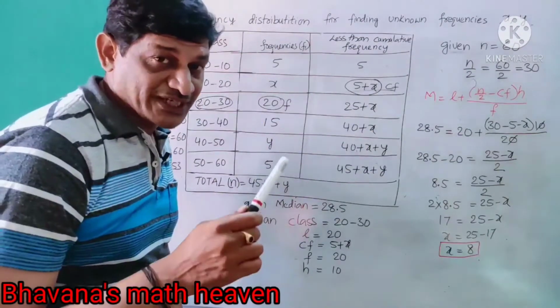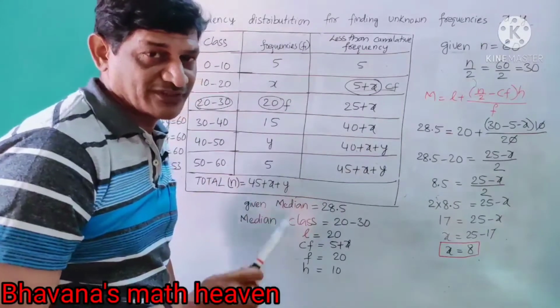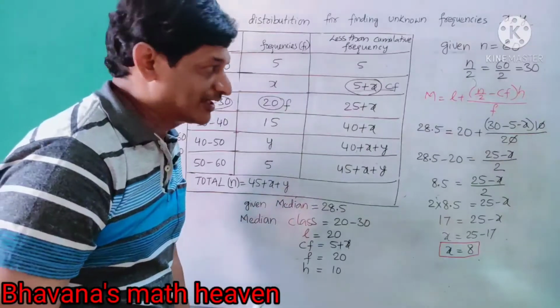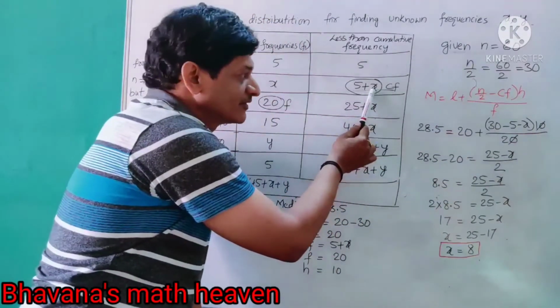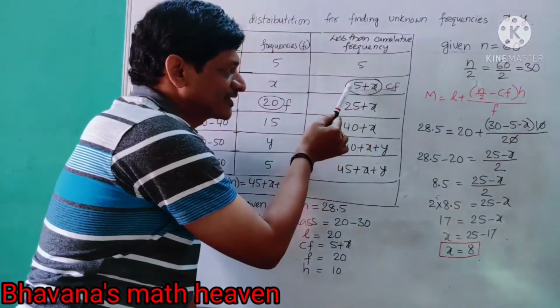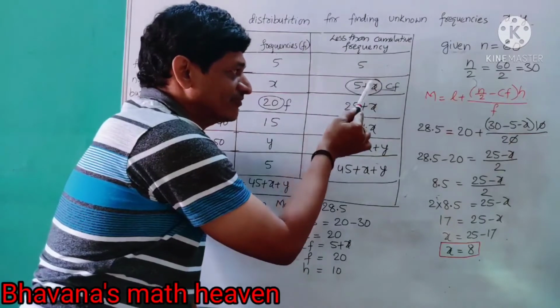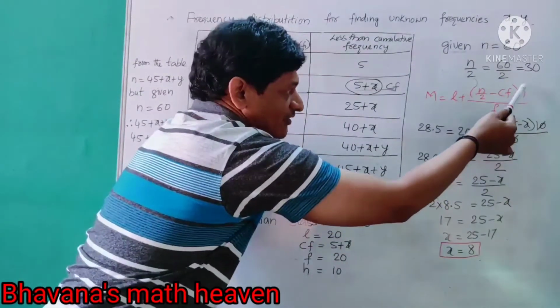Whenever you subtract a binomial, this is a very important point: change the sign of each and every term in that binomial. So n by 2 value is 30. To subtract 5 plus x, it becomes 30 minus 5 minus x, into h value.